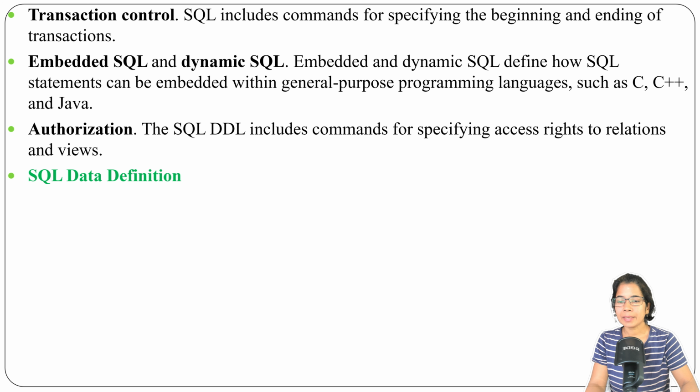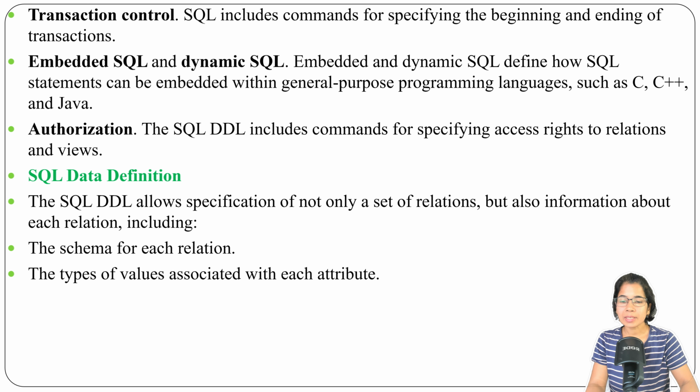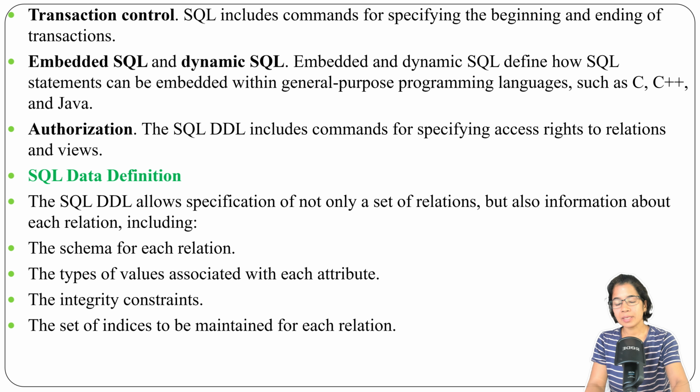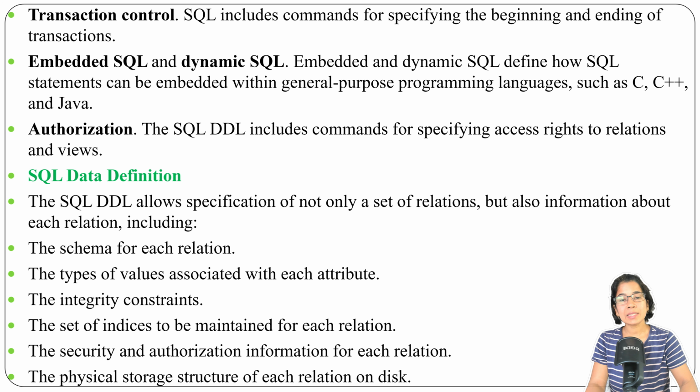Now SQL data definition. In data definition, we should be able to define the relation. We also include the schema for each relation, the type of value associated with each attribute, its data type, the integrity constraints that we should write in the DDL, then the set of indices to be maintained for each relation, the security and authorization information for each relation, and the physical storage structure where we'll store that database, that we should mention in the DDL.